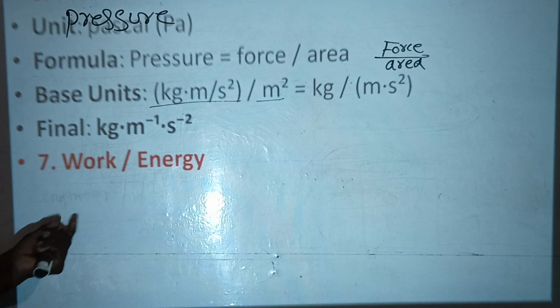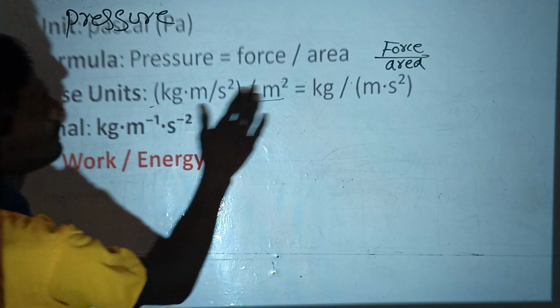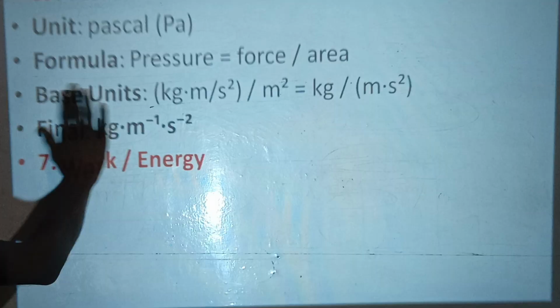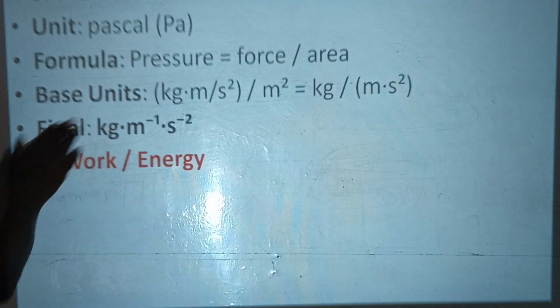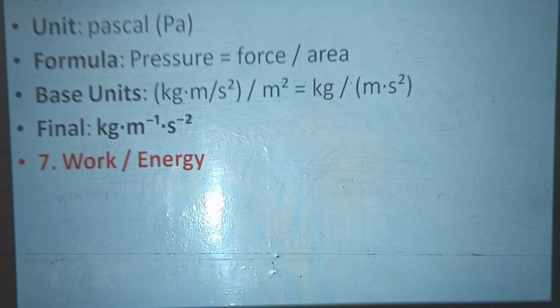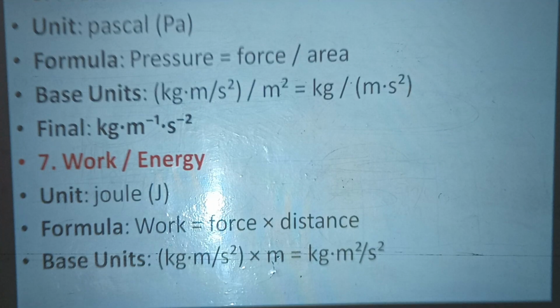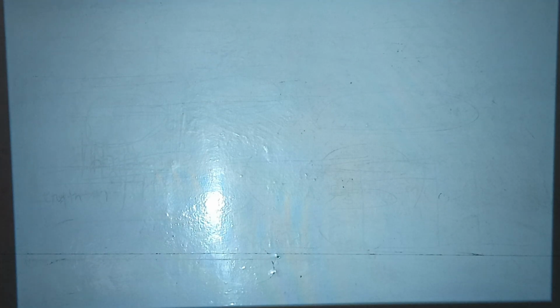Now I am going to change the slide. You understand how these units are written and what fundamental units are involved in the derived units. If you take the example of work and energy, its basic unit is kg meter square per second square.